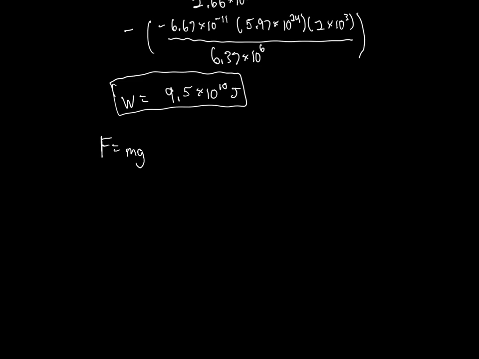We have to use the more general equation, F is equal to G m1 m2 over r squared, the universal law of gravity. You can plug that in and plug in the distance that you're traveling, and you could get the same answer. It's just easier to get the answer with the energy.